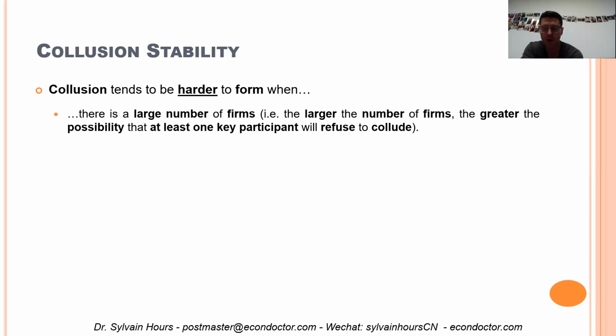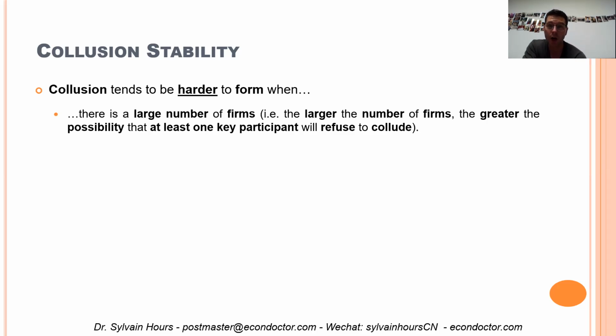If you have 2 firms, 3 firms, 4 firms, it's rather easy to coordinate, to keep track of the strategy of all businesses, to make sure that they have not cheated. But if you have 10, 20, 30 firms that are part of this collusive agreement, it's going to be much more difficult to hold it all together, to make sure that everybody plays by the rules, that nobody is cheating.